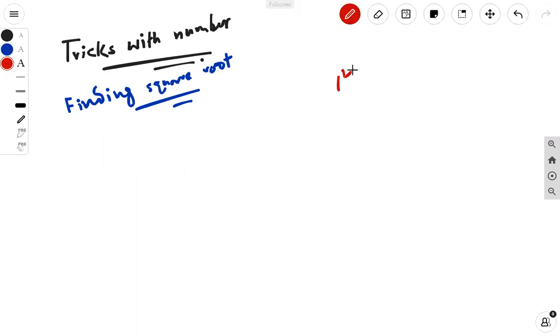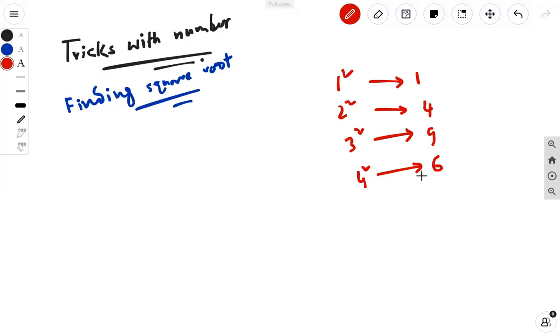If you find the square of 1, that makes it 1. If you find the square of 2, that makes it 4. The square of 3 makes it 9. The square of 4 makes it 16, and the last digit is 6. And the square of 5 is 25, last digit is 5.